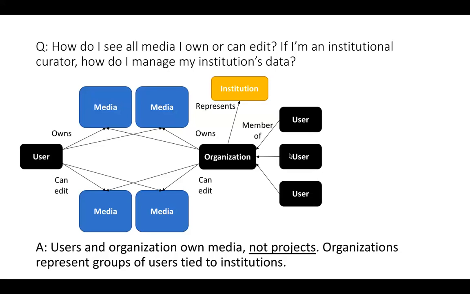That's a great question. I believe my answer is that if you had an overt organization, and there was also a University of Florida institution, it depends on how you want to handle it. You could have a University of Florida organization and an overt organization, where the overt organization doesn't represent the University of Florida directly, so it's not directly connected to that institution, but they could both have edit access to media.